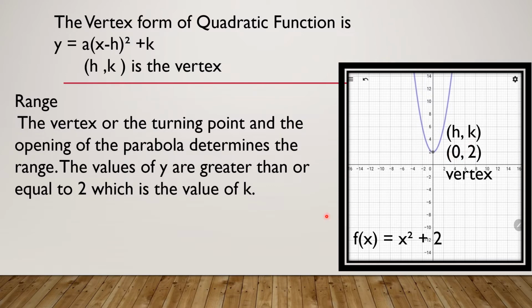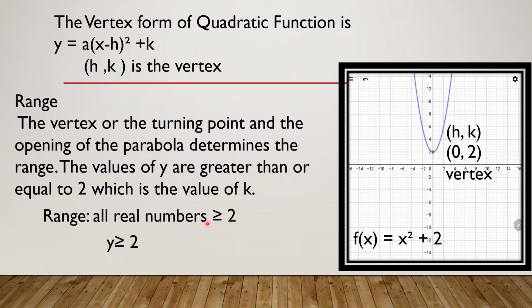Which means that the range are all real numbers greater than or equal to 2. Ganun na natin kadali i-describe yan. Tingnan mo lang kung ano yung value ng k. Then, if it opens upward, then it means greater than or equal to the value of k, which is 2.